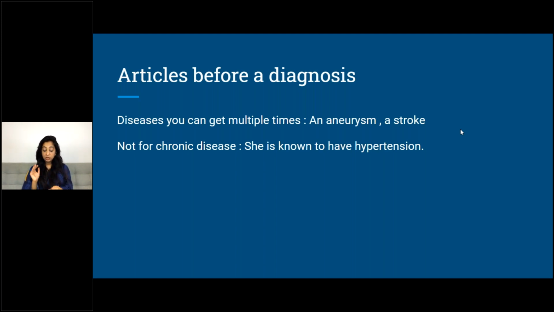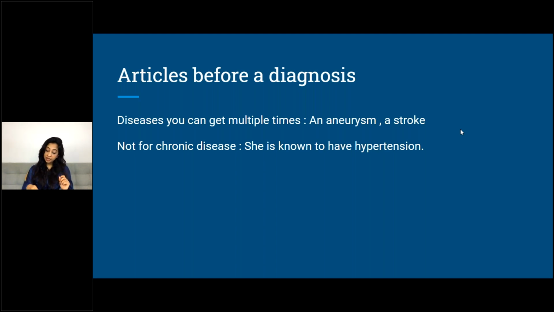Flipping that back, if you have a disease that you can get only once in your life, once you have it, you can't get it multiple times, for example diabetes. If you have diabetes, you're going to have diabetes throughout your life. So in that case, you're not going to put any articles. So she is known to have hypertension.